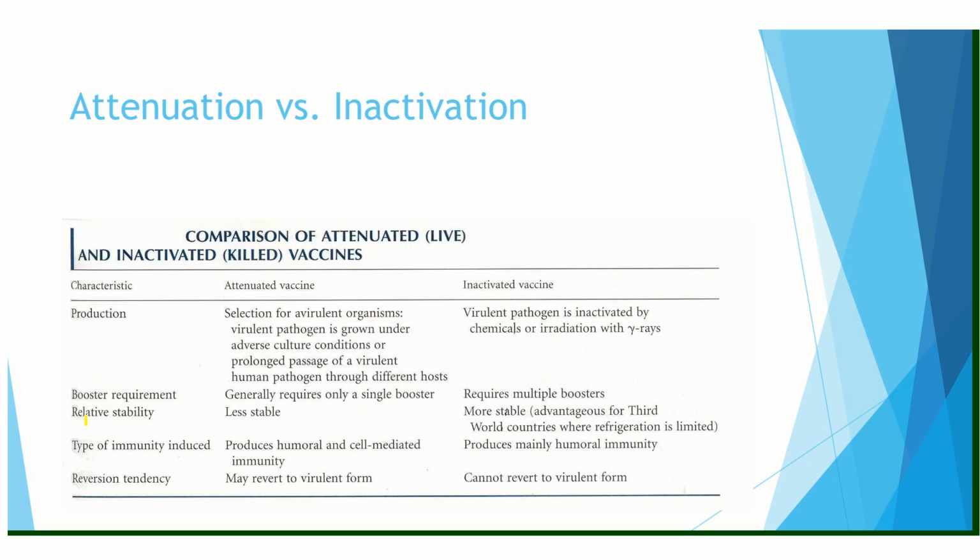For relative stability, attenuated vaccines are less stable, but inactivated vaccines are more stable. For the type of immunity induced, attenuated vaccine produces humoral and cell-mediated immunity, while inactivated vaccine produces mainly humoral immunity. For reversion, attenuated vaccine may revert to a virulent form, while inactivated vaccine cannot.